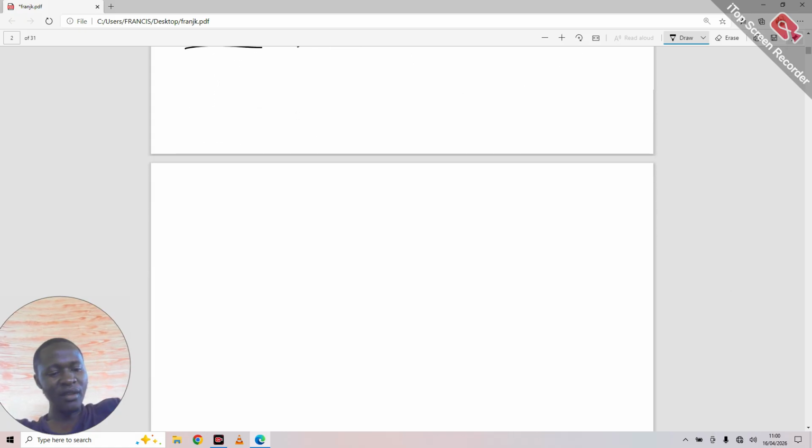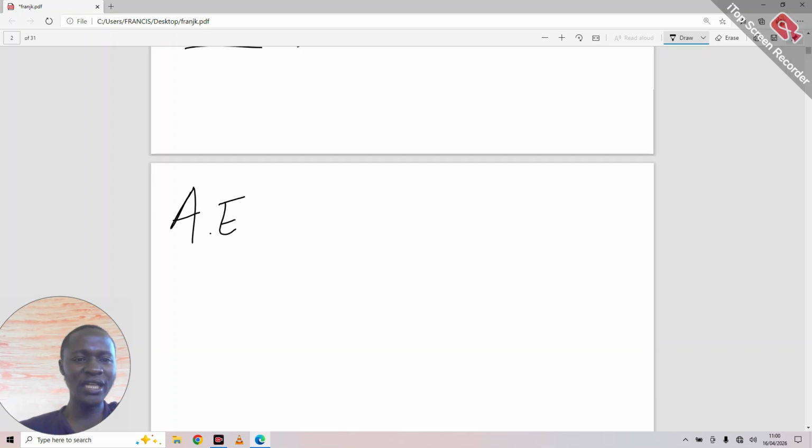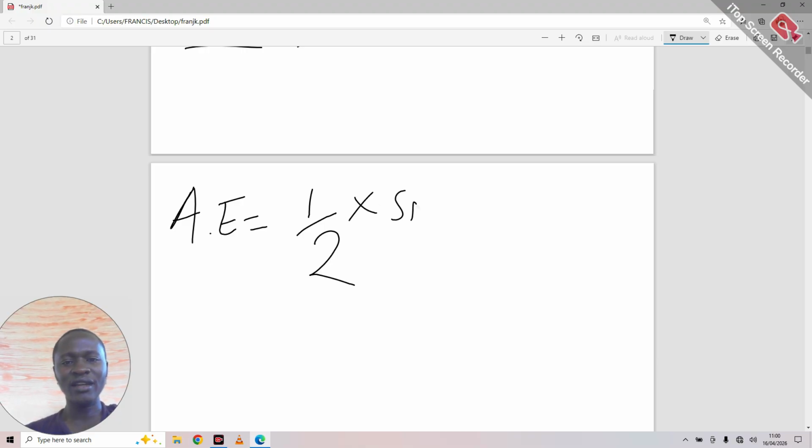So, for individual number, to get absolute error, you will have a half multiplied by the smallest unit that has been used in calibration.